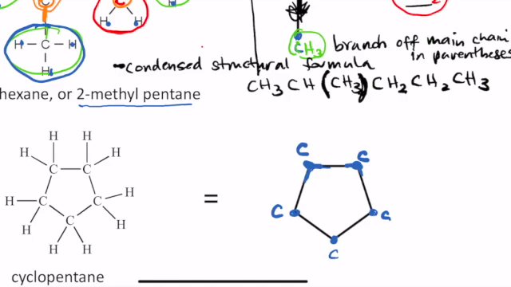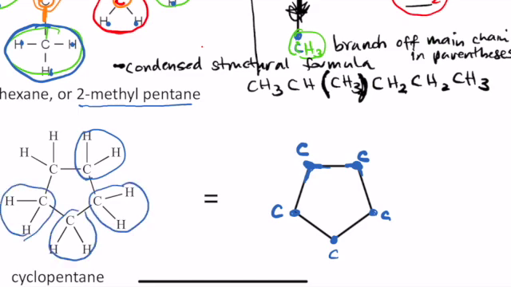So on each of these vertices is a CH2 group because each carbon has 2 bonds coming out of it, so the other 2 are to hydrogens. So each of these is a CH2 group. This actually would also be the same as its condensed structural formula.